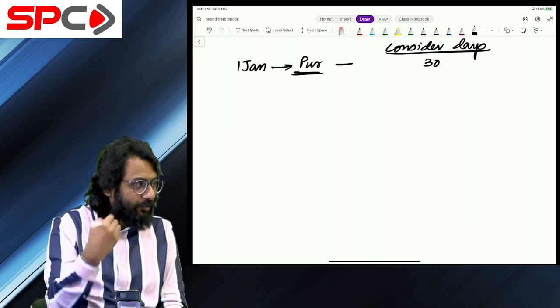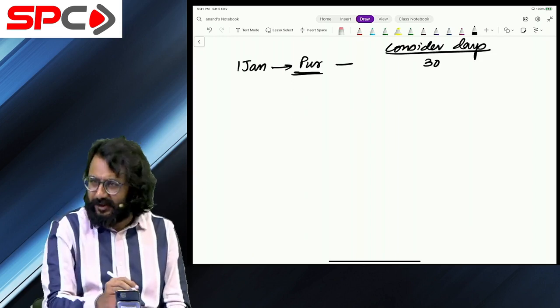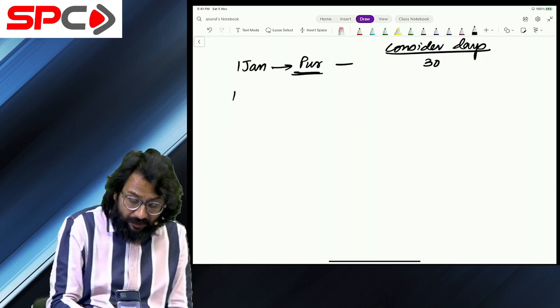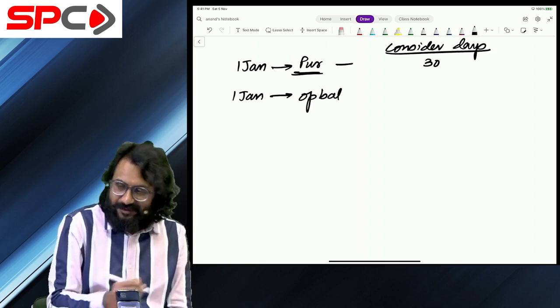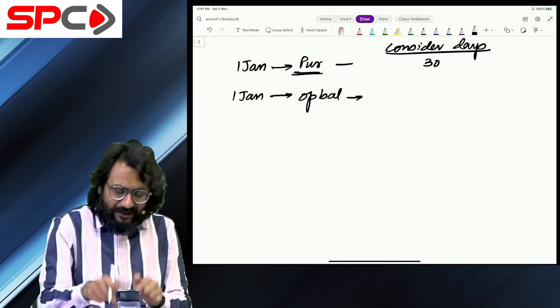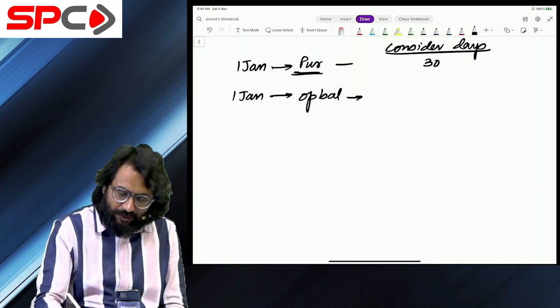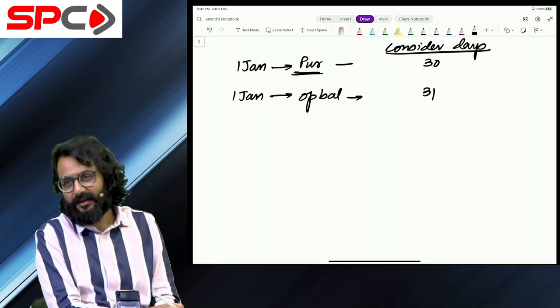It could be purchased, it could be sold, it could be salary paid, it could be anything. But suppose I say 1st Jan opening balance, this transaction is not on 1st Jan. So you'll assume how many days? 31 days.